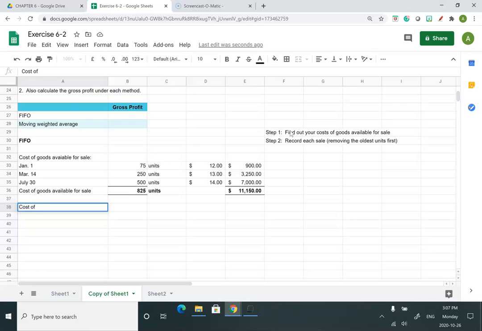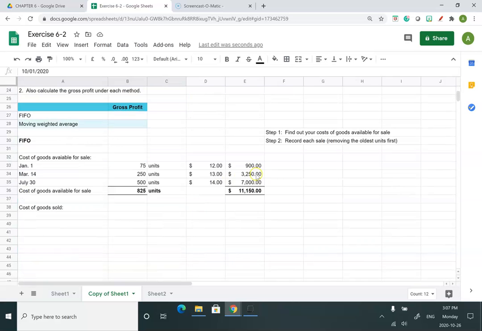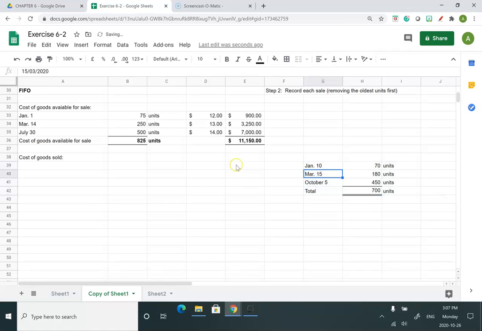Now I'm going to calculate my cost of goods sold. It's a little bit difficult because we're trying to keep track of some stuff. These are my sales, and I'm going to move them off to the side so I don't have to keep going back. On January 10th, I sold 70 units. That means I sold 70 units of the January 1st that I have in inventory.